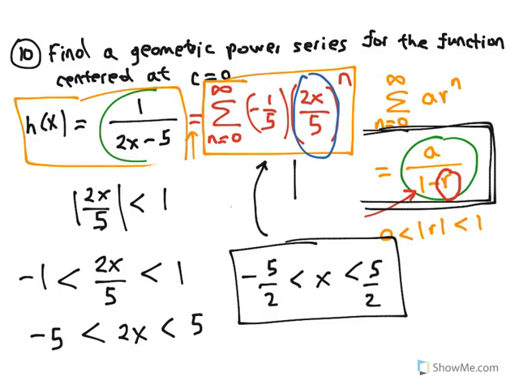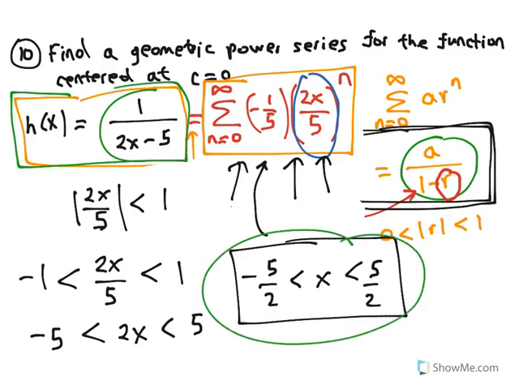In other words, this geometric power series is an exact representation for the function h of x for these values of x. And this is our geometric power series for the function centered at c is equal to 0. You can see from the geometric power series that I'm not subtracting anything from x, so that's what it means that it's centered at 0.